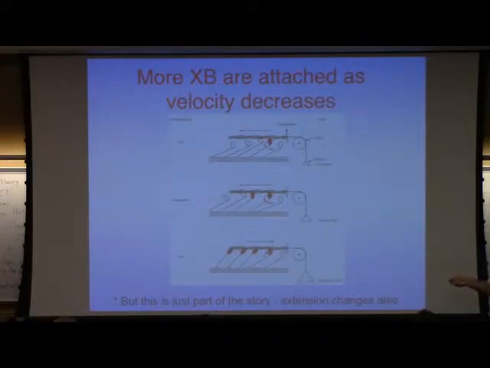And so the force here is going to be less, because at some level force is proportional to the number of cross bridges. And then at the fastest shortening velocity, when you're moving very quickly, you have a light load. So now you have even fewer attached cross bridges. So this gives you a little bit of a conceptual model, but it's not enough. There's pieces to this that are missing. But this is at least a conceptual model to get started.